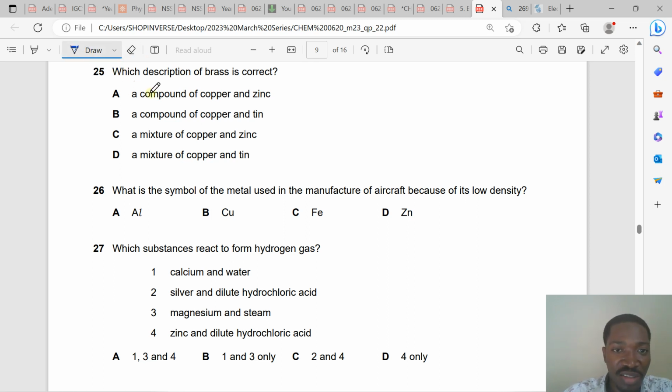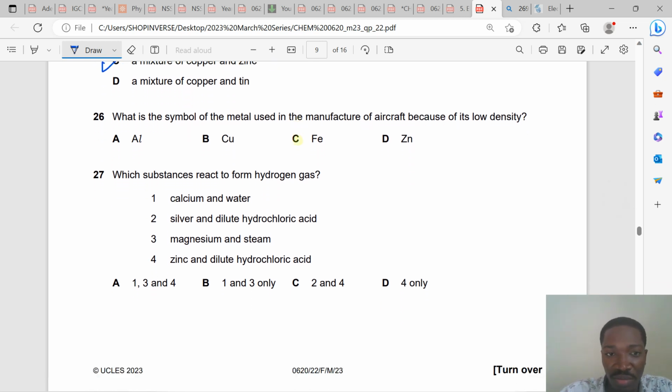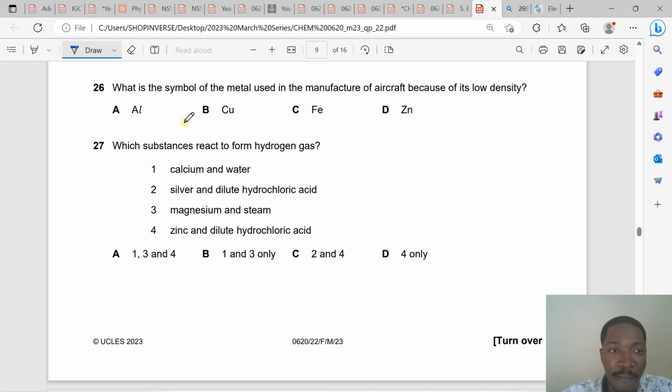Option A, brass is a compound of copper and zinc. Option B, brass is a compound of copper and tin. Option C, a mixture. Brass is a mixture, not a compound. Yeah, a mixture of copper and zinc. It's an alloy. We call it an alloy. An alloy is a mixture of metals, not a compound.